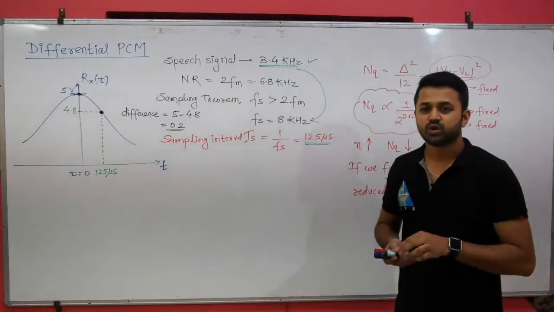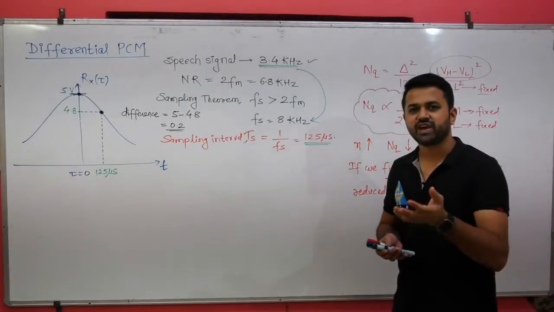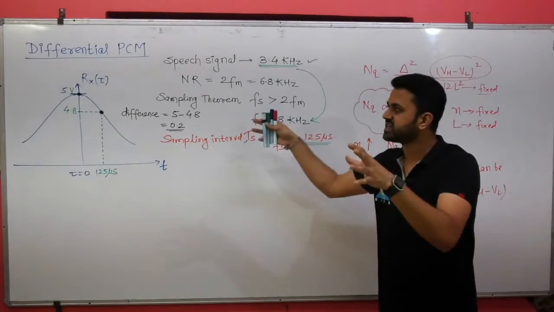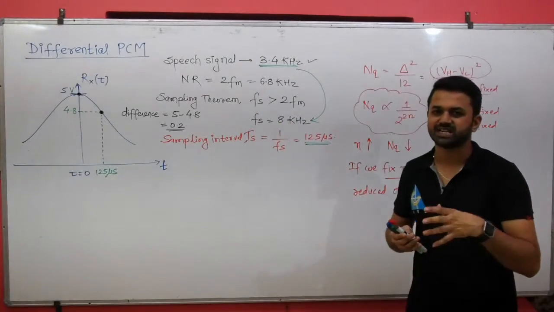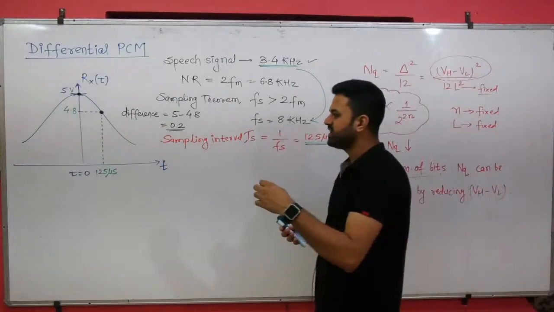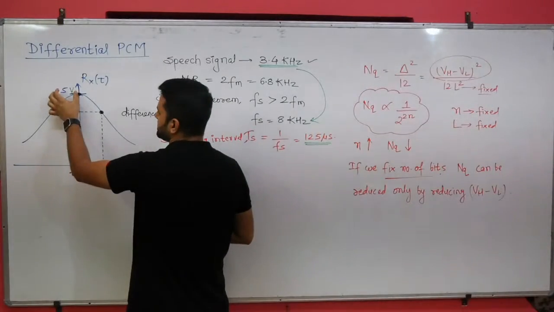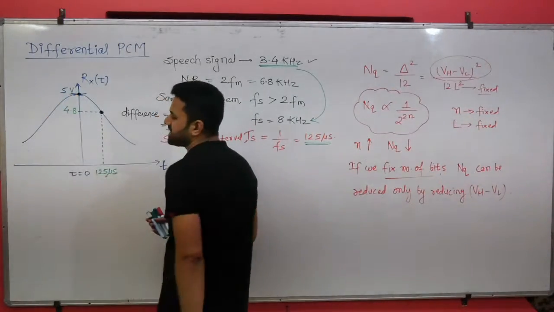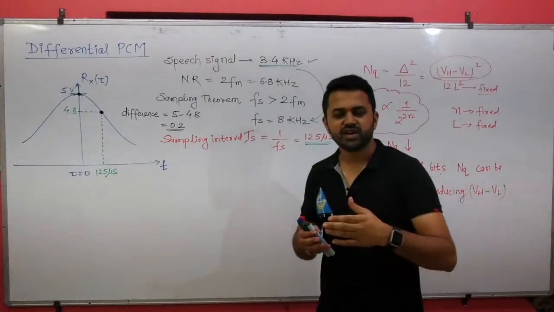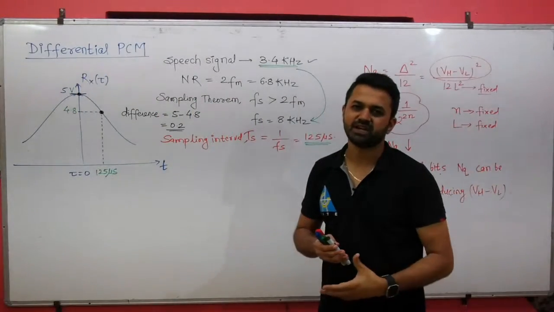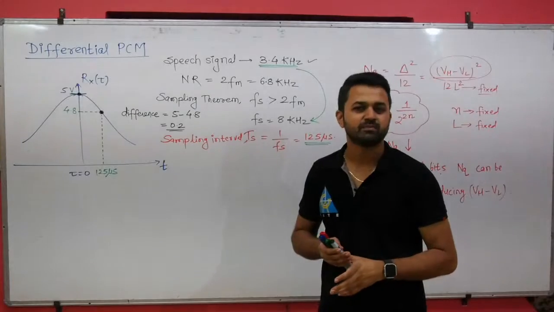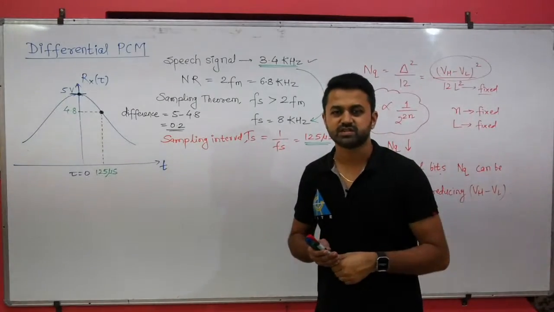Previously, before this differential pulse code modulation technique, whatever sample amplitude we got, we quantized and transmitted through a coding technique, that is pulse code modulation.